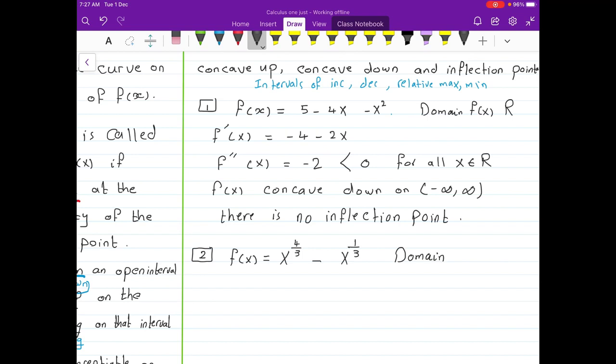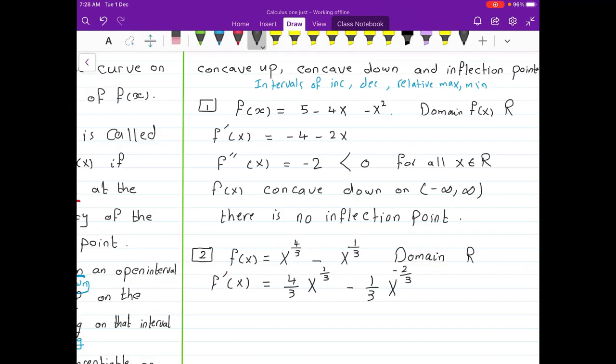The domain is R intersection R, since you have the cubic root of x to the power 4 and the cubic root of x, so the domain is R. Now, to find the intervals of concavity, you must find f prime and f double prime. f prime of x, differentiating, equals 4/3 x to the power 4/3 minus 1, which is 1/3, minus 1/3 x to the power 1/3 minus 1, which is -2/3.